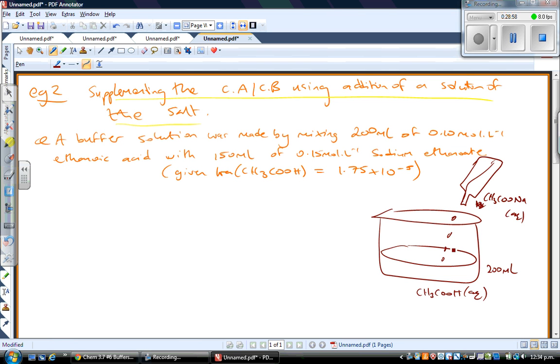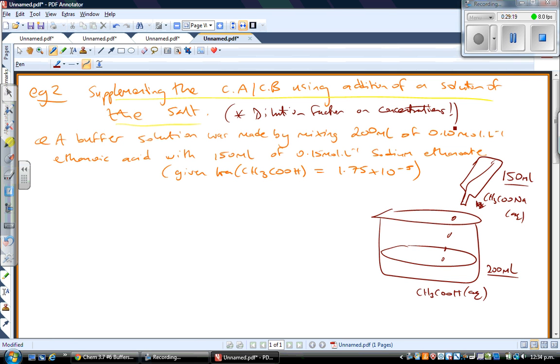So you're dropping that in there. You're adding 150 mLs. So when you're adding two solutions together, you must consider the dilution factor, which affects the concentrations. If you don't do that, then you get the wrong answer.